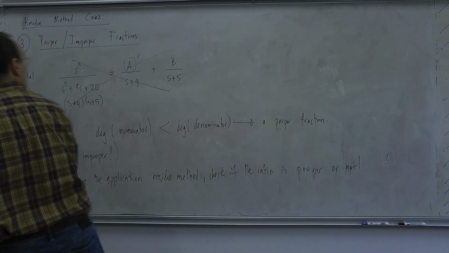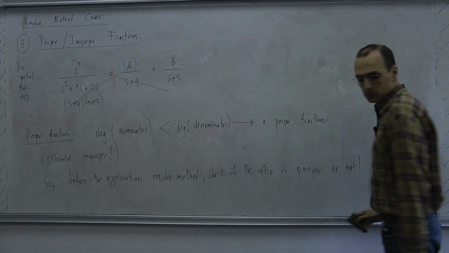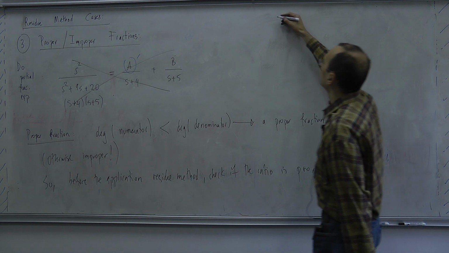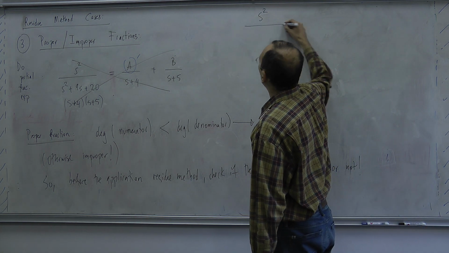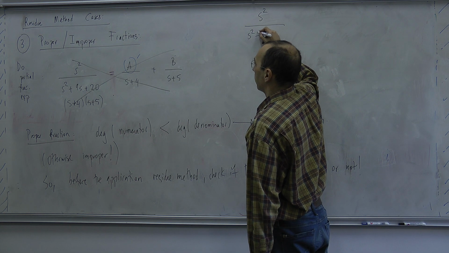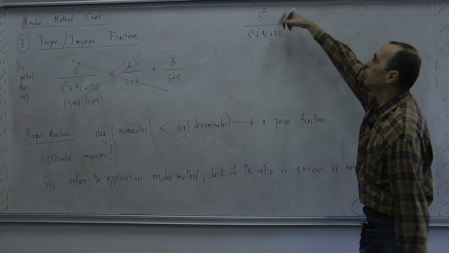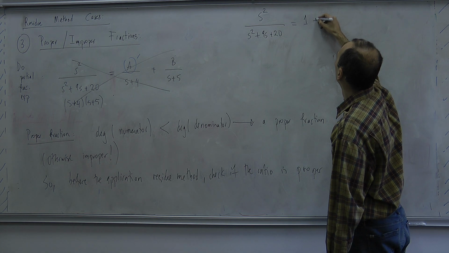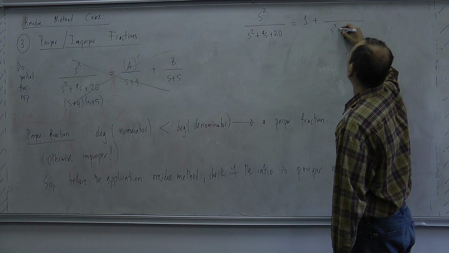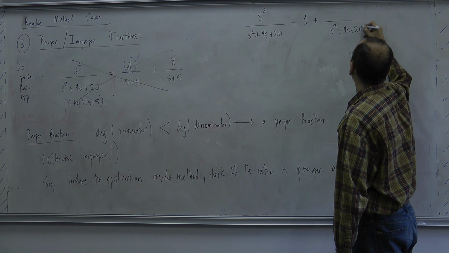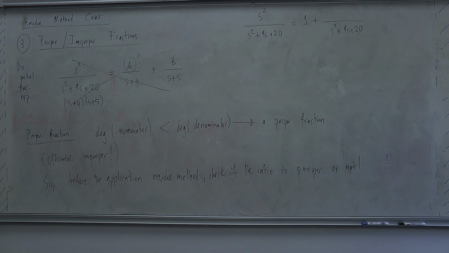So if it is not proper, if it is improper, now what can you do? Actually you should do the following: s squared, isn't it? You just divide this. Do you agree?